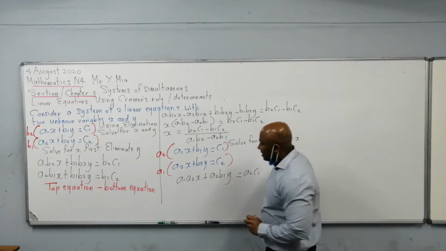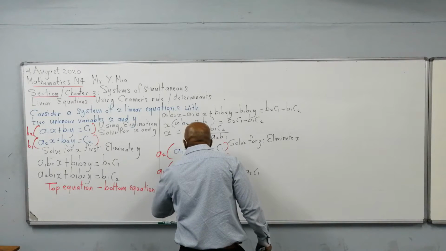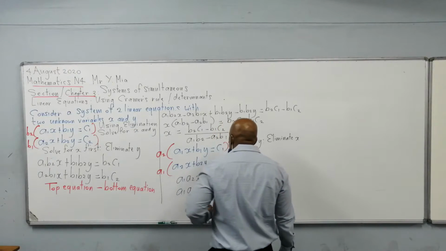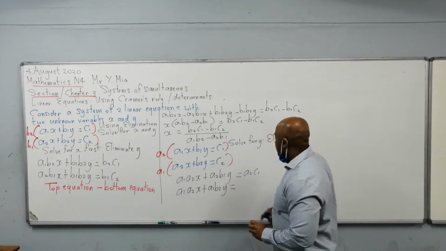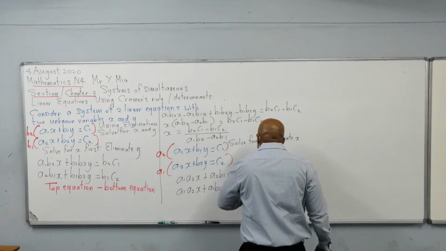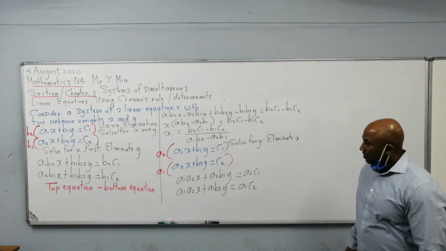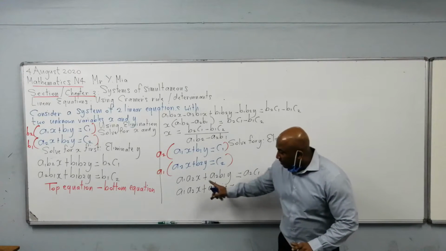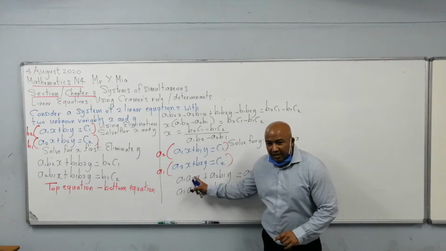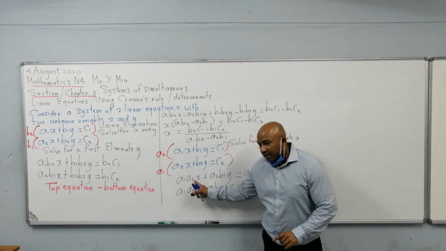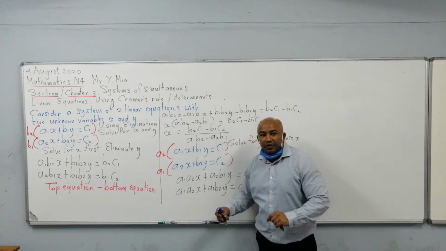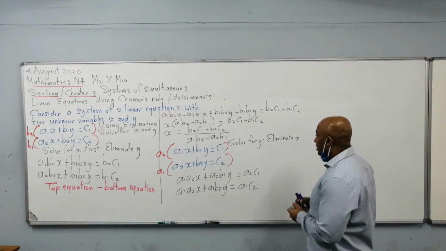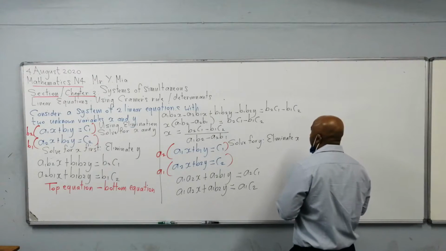Bottom equation, this is going to be a1 a2x plus a1 b2y is equal to a1 times c2, that will be a1 c2. So what just happened? We multiplied. Now look at the variable x. Look at the coefficients here. Do you notice a1 a2, a1 a2, they are the same. So if they are the same, we can subtract. So now I'm going to go top minus bottom again.